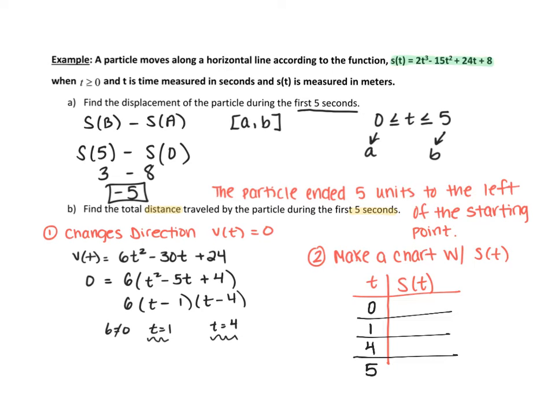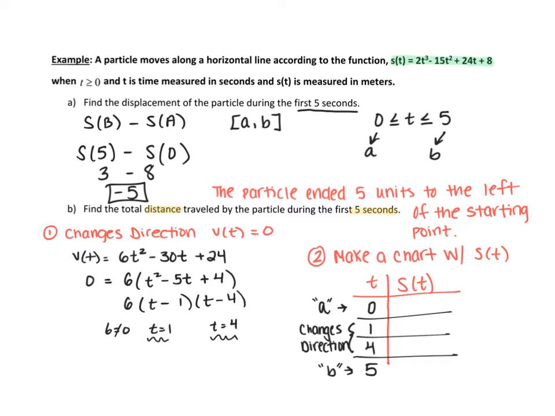So in your chart, always, the first value here is A, the endpoint of the interval. The last value is B, the endpoint of the interval. And in the middle, this is where it changes direction. And it's important that we find this information so that we know how many spaces it went right and how many spaces it went left.